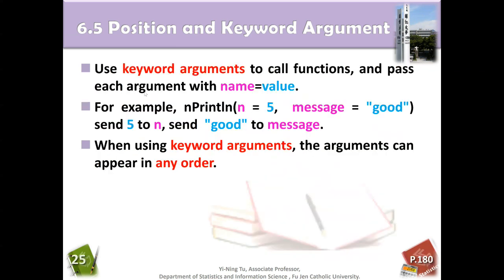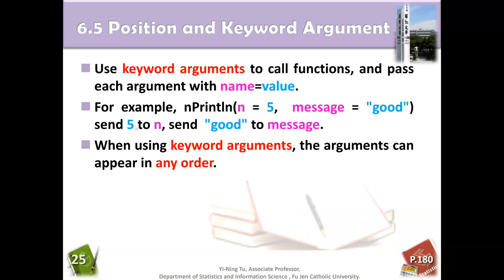When we use keyword arguments to call a function, we pass each argument with name equals value. For example, if the value we transfer is 5 and the message is good, we have to tell the function n equals 5, message equals good.